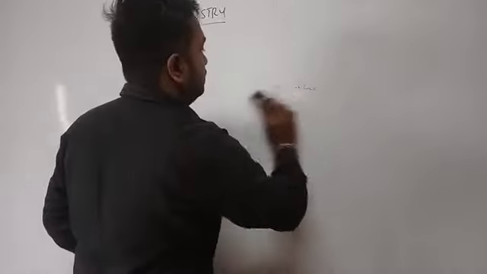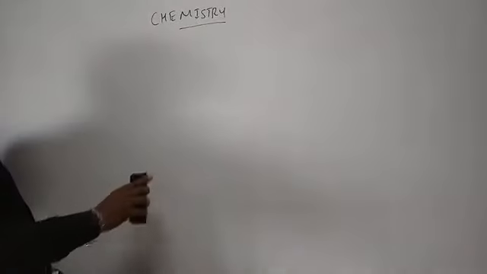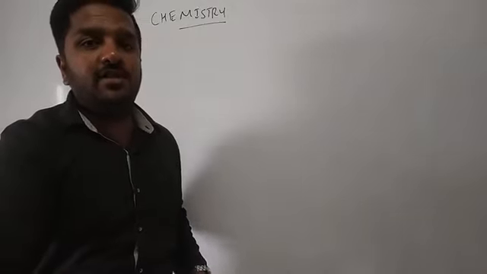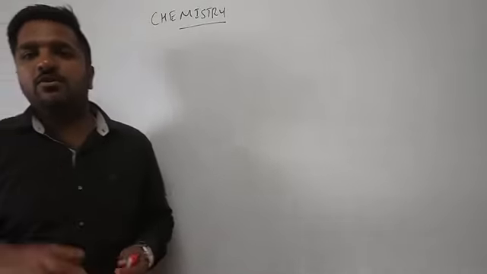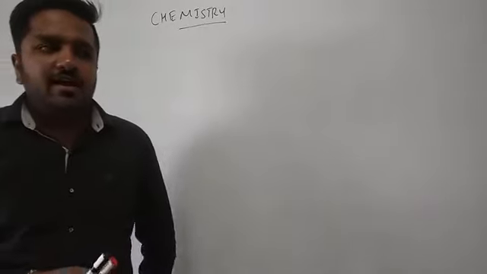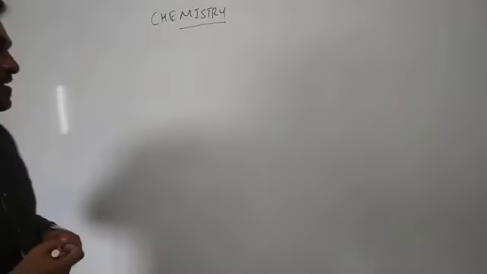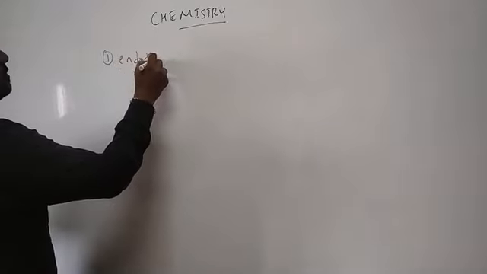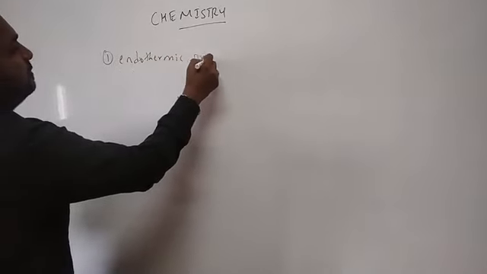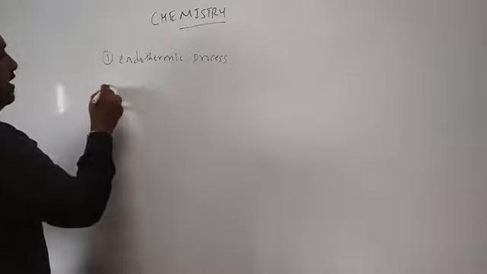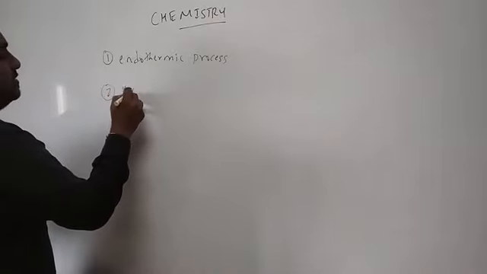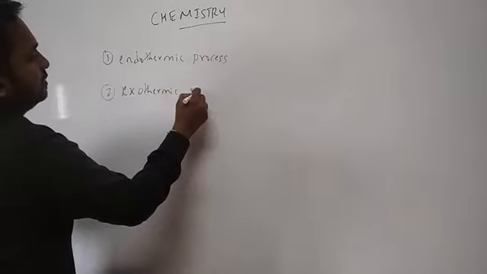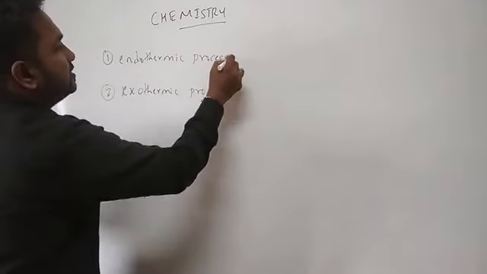Electron gain enthalpy, that means addition of an electron to a neutral gaseous atom, can be of two types. Sometimes it is an endothermic process, and sometimes it is an exothermic process.